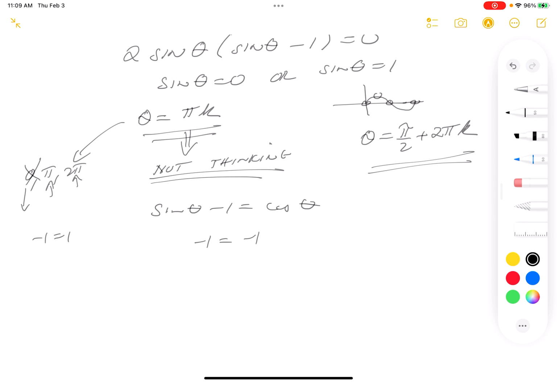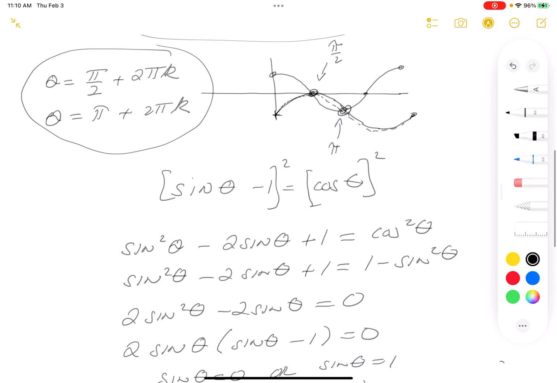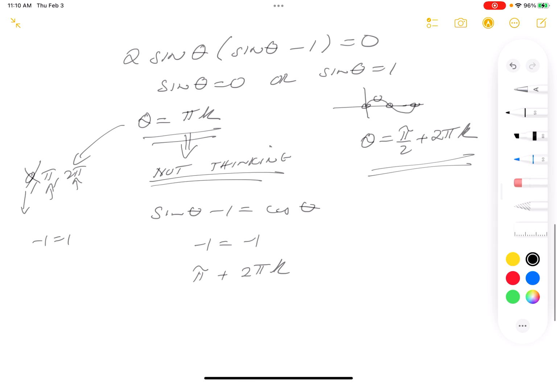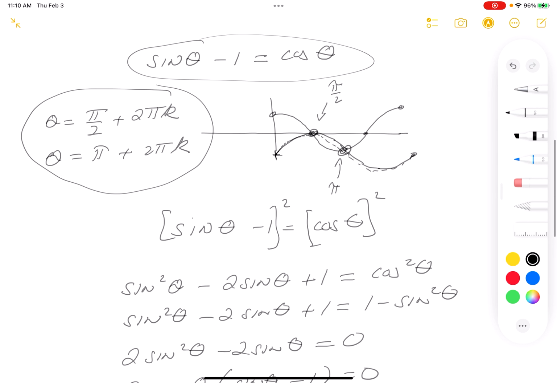And the answer is no. So what I'm really getting is pi plus 2 pi k. It keeps repeating itself. And that's the correct answer. Again, I know I confused the students when I did it. I hate to say this, I'm guilty of not thinking. But this is the correct answer to the problem. Thank you for paying attention, though.